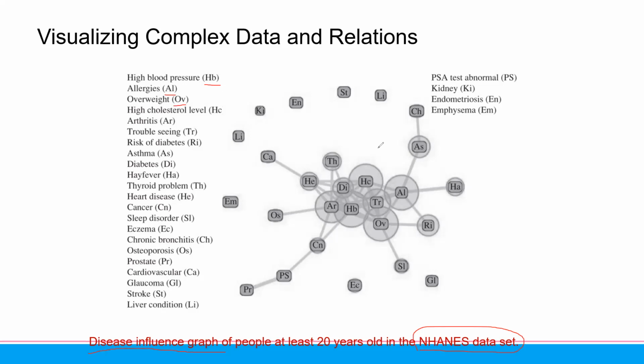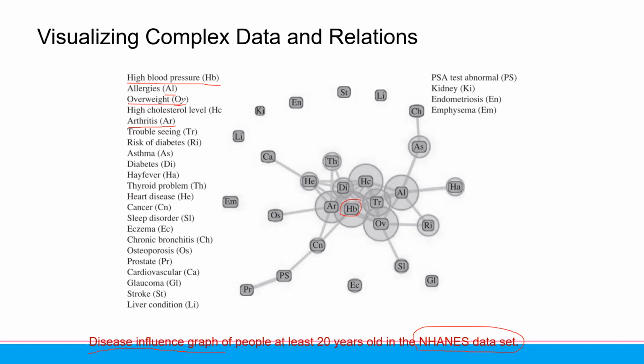They want to put it in a graph to show whether there is a high correlation between one disease and another. Let's say HP, high blood pressure. It is closely related with arthritis, AR. It is also closely related with OV, overweight.